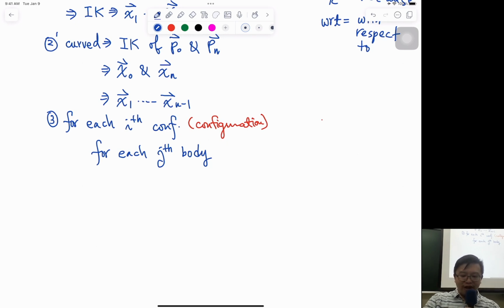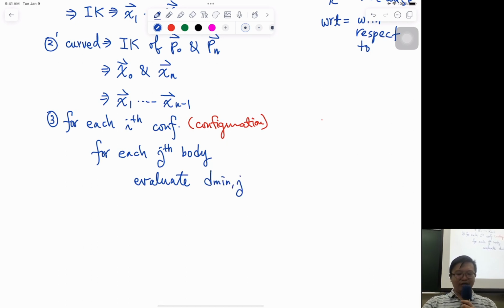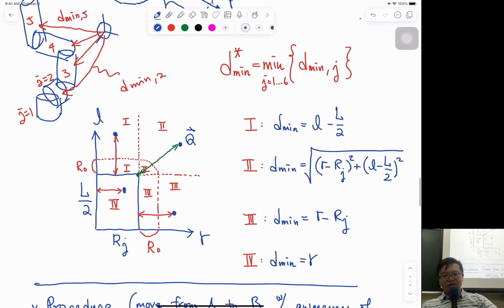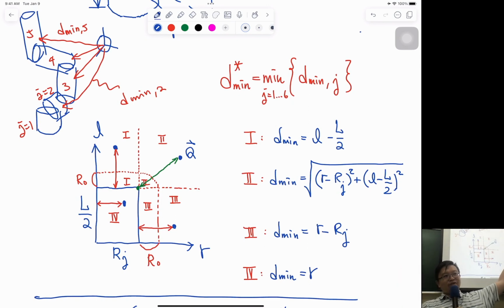You need to evaluate the minimum distance between the jth body and the obstacle Q. You do all of that. So imagine how many calculations you need to do. That's why we don't want this D calculation to be too complex. This is already a pretty simplified way to do it.